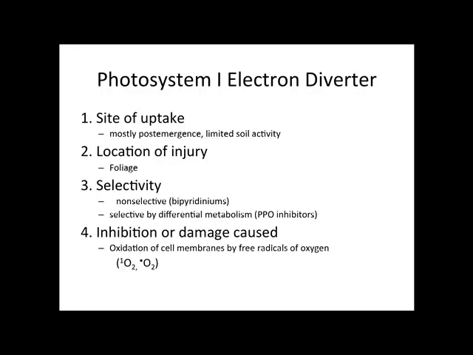So for the photosystem 1 electron diverters, the site of uptake is mostly post-emergent, with limited soil activity. The location of injury is on the foliage, and they are non-selective. The PPOs can be selective by differential metabolism. Inhibition or damage caused is oxidation of cell membranes by free radicals of oxygen.